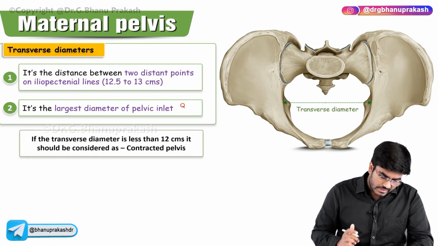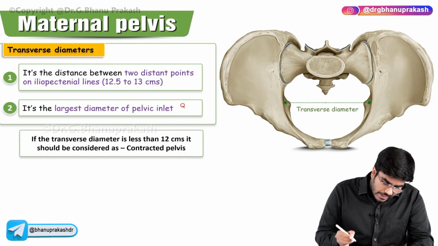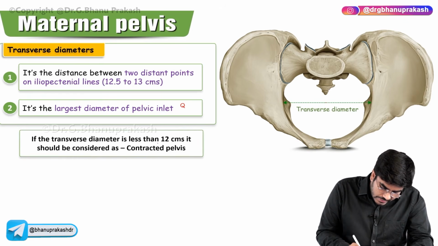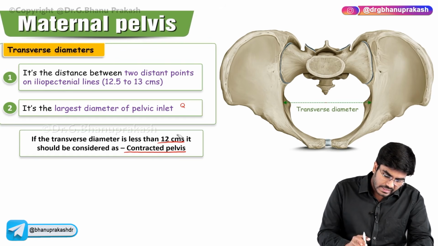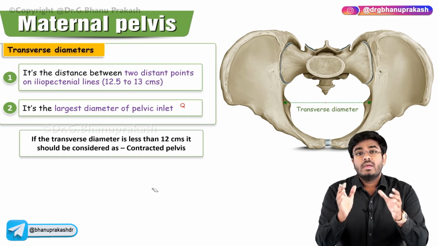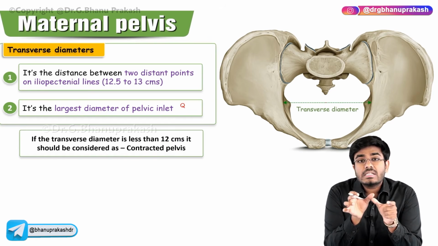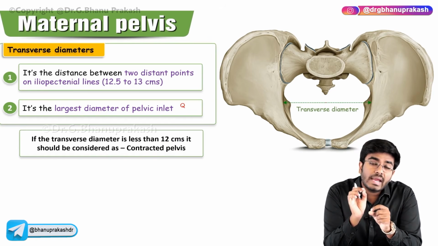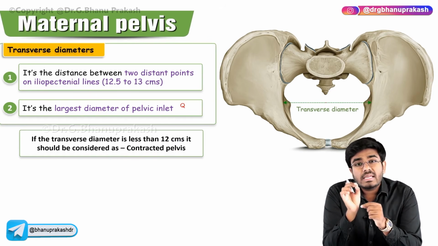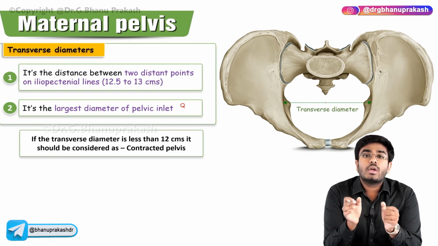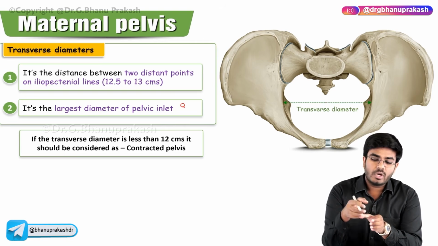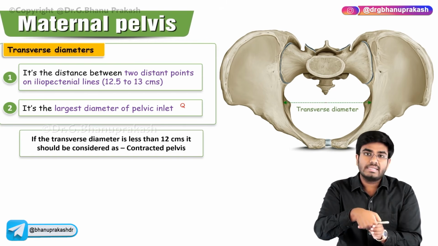If the transverse diameter is less than 12 centimeters, it should be considered as contracted pelvis. Why? Because the baby cannot pass through such smaller diameters.